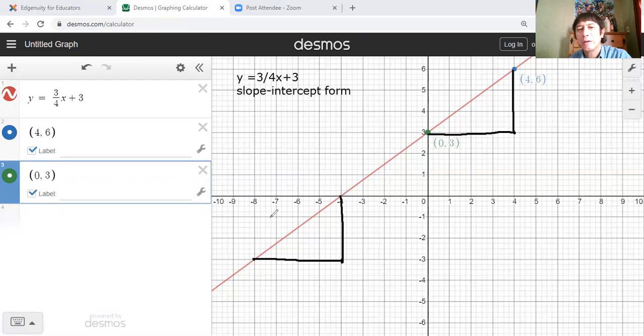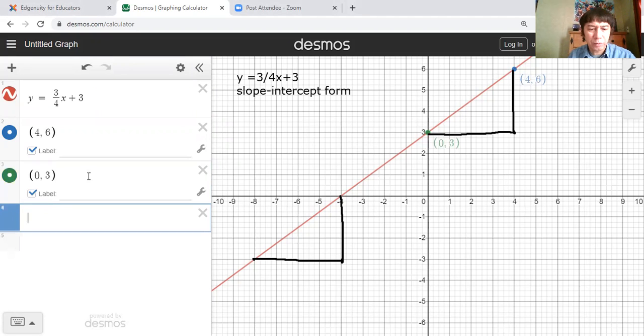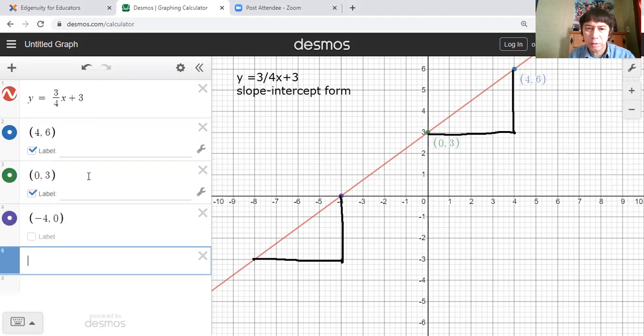Also this point here. It intersects with the intersection of the grid at the same time with your line. So if you're going to plot these points, we can actually use the coordinates of this. That's actually -4, 0, and the other one is -8, -3.